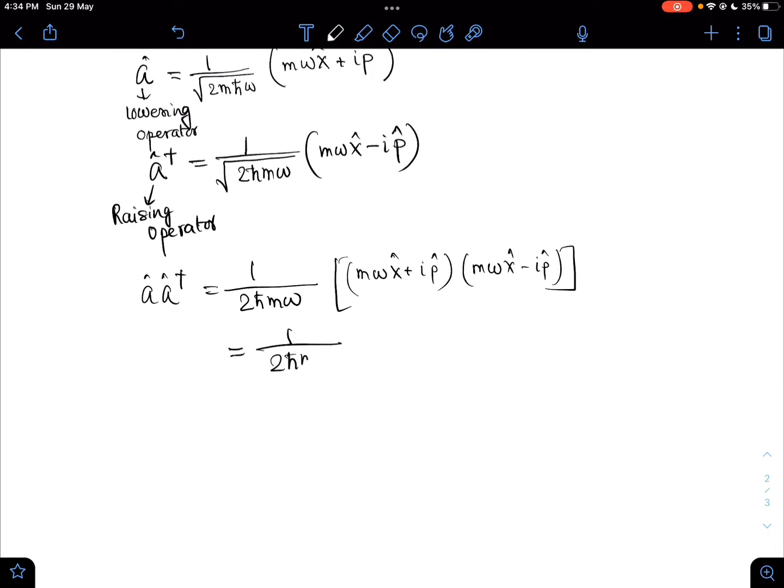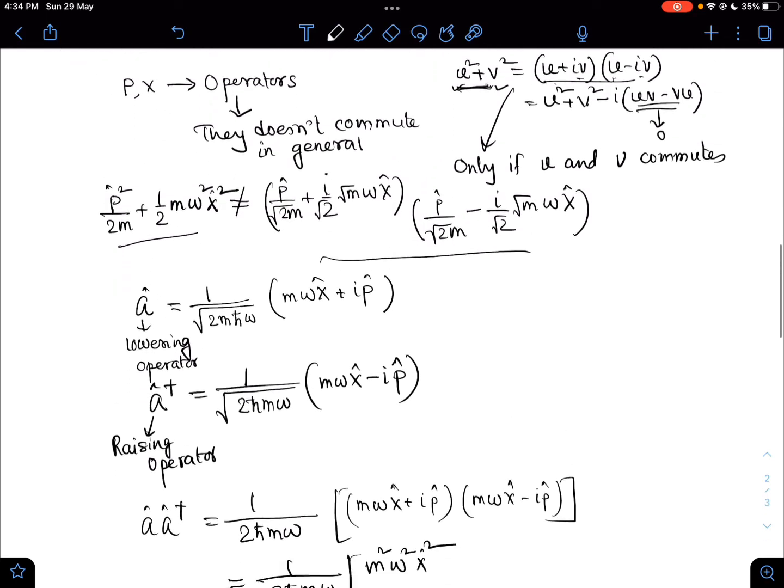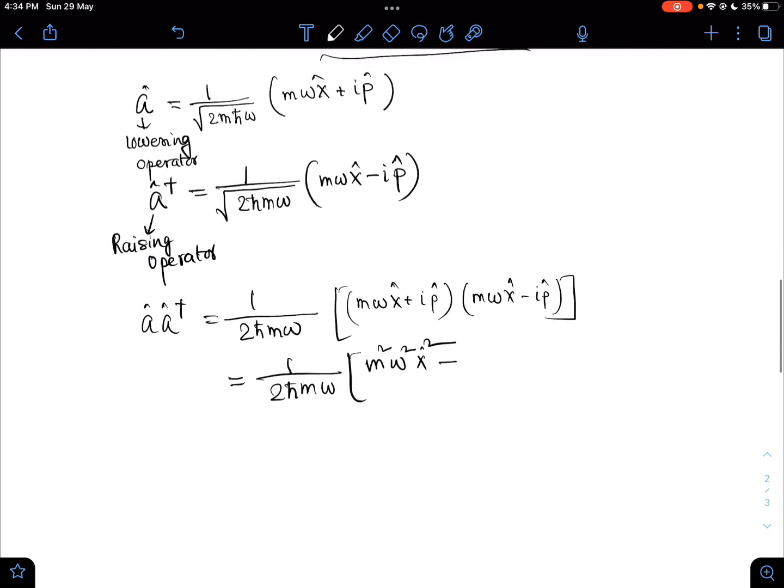What will we get? We will get m squared omega squared x squared plus the last term p squared, and we have two more terms, which are minus i m omega (x p minus p x).